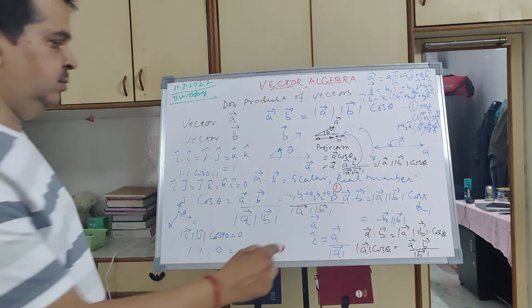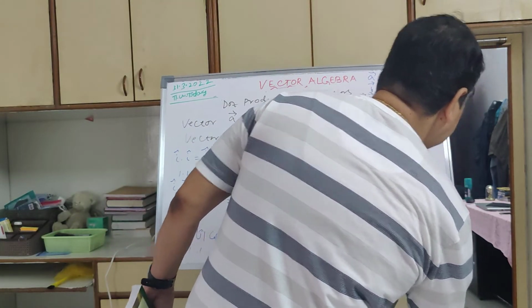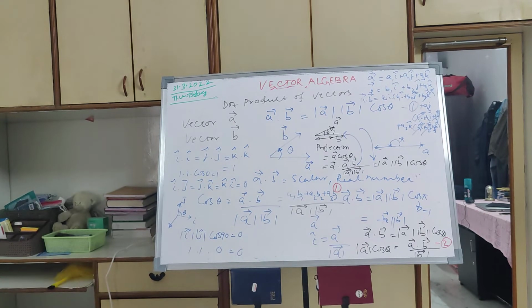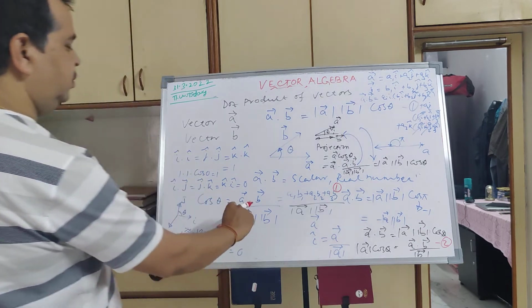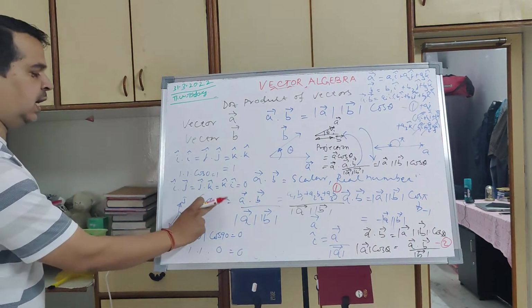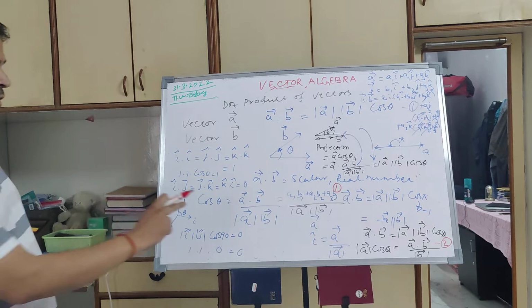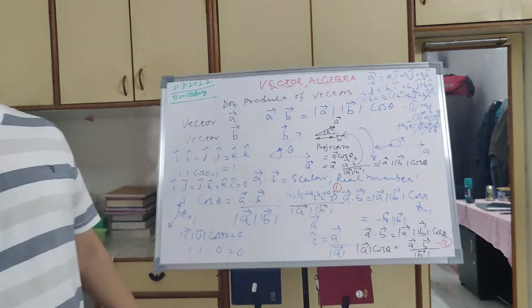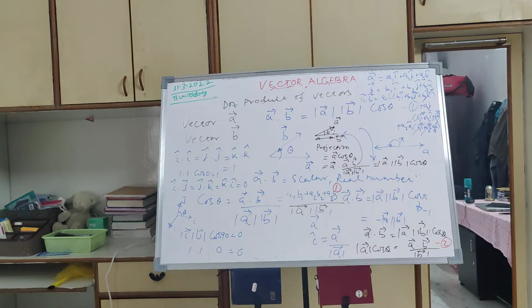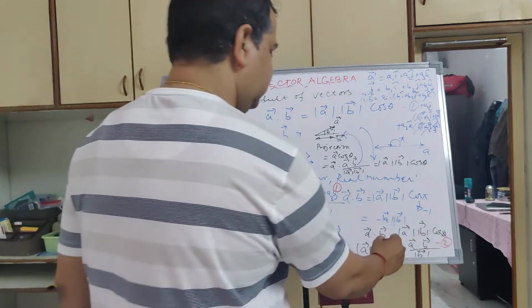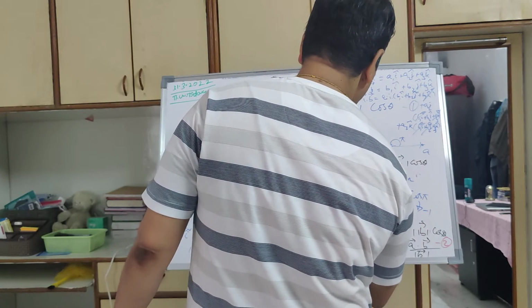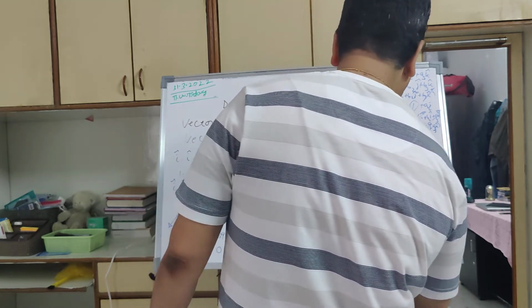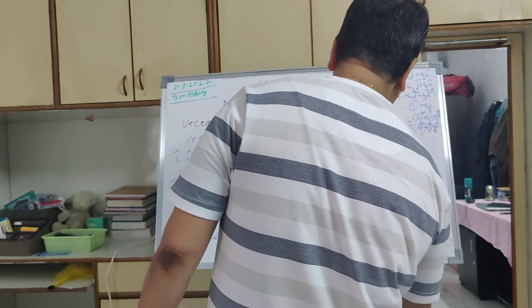Knowing vector A and vector B, this formula will give the angle between the two vectors. This other formula will give the projection of one vector on another vector without knowing the angle.